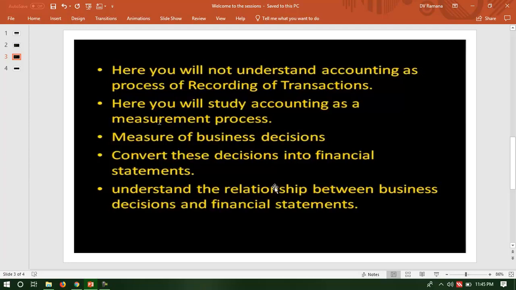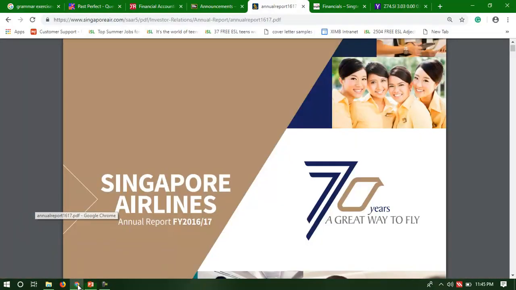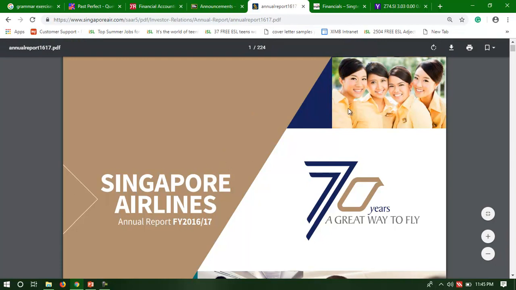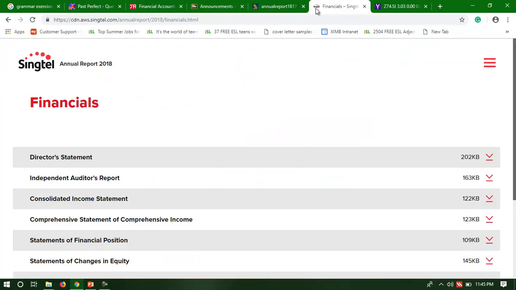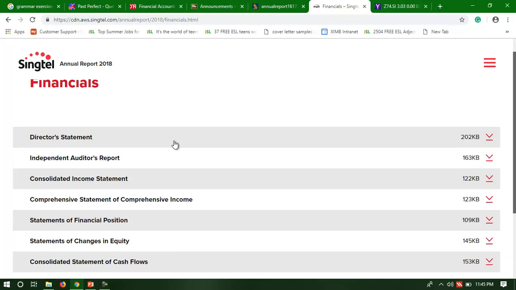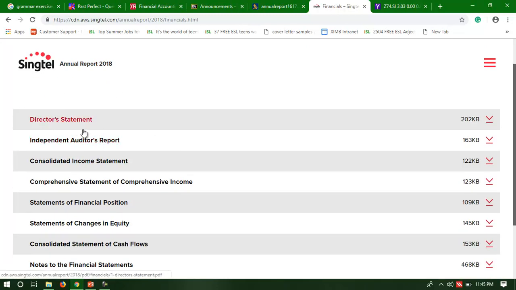So in most of the classes, we will be using the financial reports. The learning to a large extent may happen by observing the financial reports of companies like Singapore Airlines, for instance, or maybe Singtel. For example, if you see the annual report of any company, you will observe that there are financial statements like the income statement.